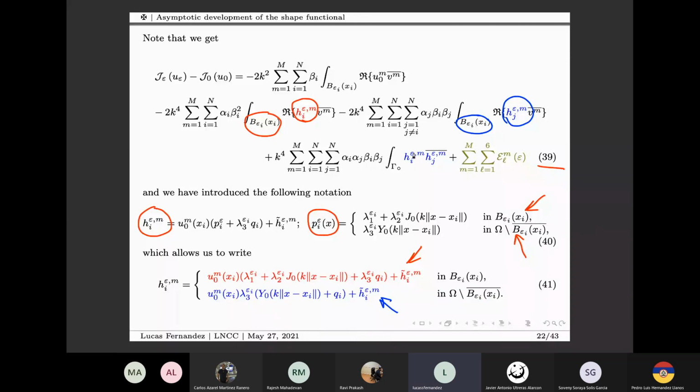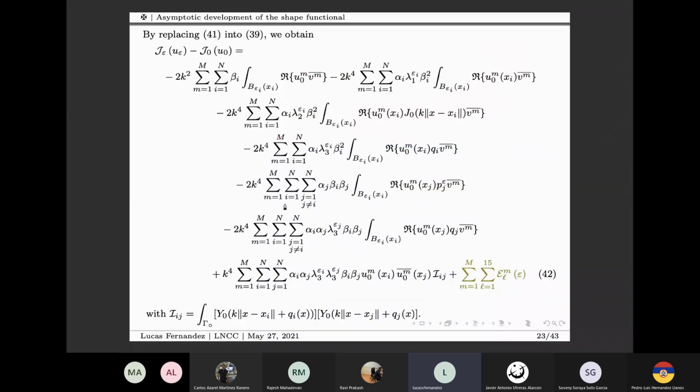And finally, in this last integral, I have the function hi epsilon, which is defined for the b epsilon i ball, and hj epsilon, which is defined for the b epsilon j ball. And the domain of integration is the boundary of the domain. So in this case, I will use the blue color representation of the function hi epsilon, okay? So by doing the corresponding replacements, we obtain expression 42, right?